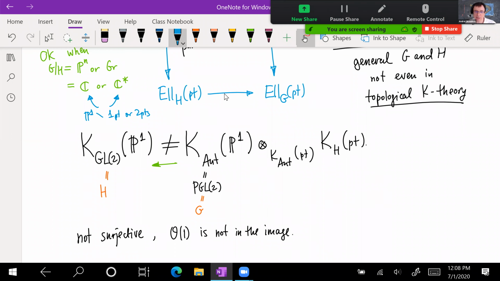If you have a map between groups, it might have a kernel which is a normal subgroup in the first, and it might have a quotient which is a homogeneous space in the second. That makes sense. So GL2 does map to PGL2 with the kernel which is of order 2, and that kernel makes it less complicated.